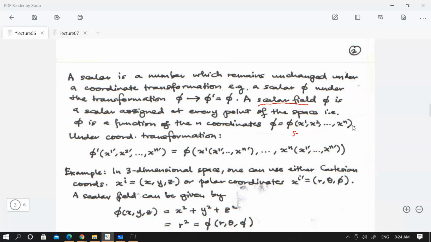In fact, one can see that this should be the same when you write your x1 dash as functions of your x1s, or the inverse. So the idea is scalars look the same irrespective of what reference frames or coordinates you are using.